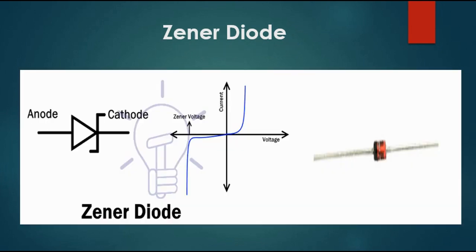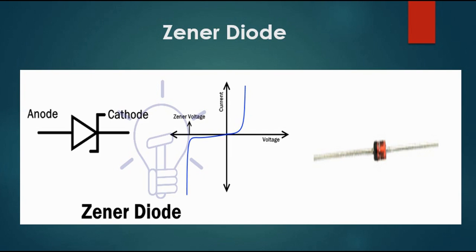This is just the Zener diode, the symbol and the end product. The ones you are seeing that have red and positive and negative are the finished products of the Zener diode, while the other one is the symbol of the Zener diode.